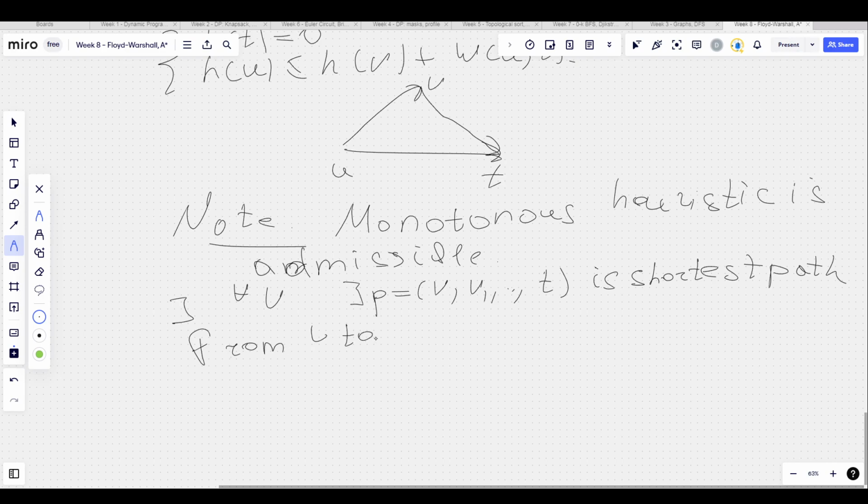So to prove this statement, we just prove the inequality.